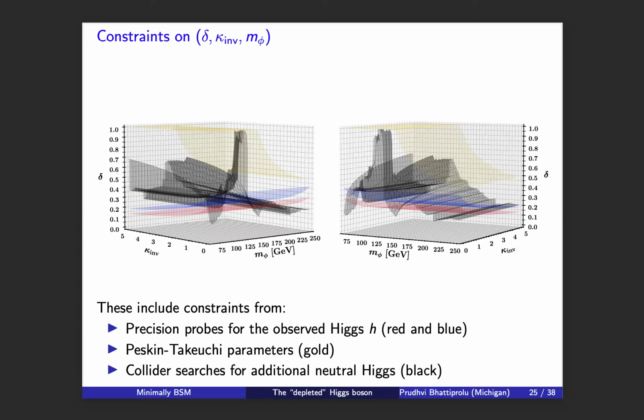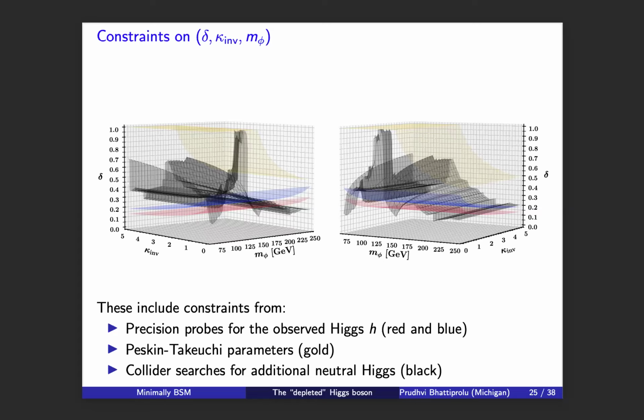So the blue and the red curves correspond to the precision probes for the observed Higgs. The black curves are the collider searches for this additional exotic Higgs, and then the gold curves correspond to the Peskin-Takeuchi constraints from STU parameters.